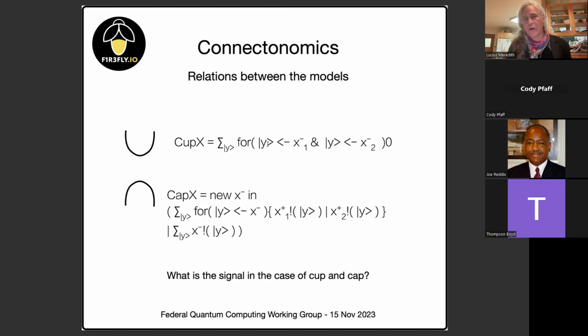And only one of the copies is going to go, and that copy is going to go in the case that both on x1 and x2, we see a y. And here, what's going on with the cap is I'm going to close up over the x minus. I'm going to send a y on the x minus, pick it up here, and then send that y out on the x1 and x2. But I'm going to do that over all the different y's.